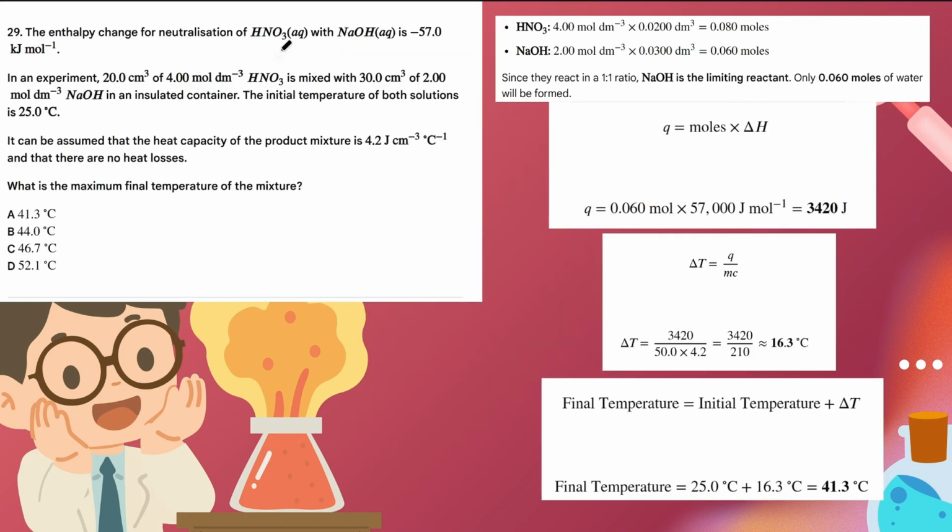Okay, next question. The enthalpy change for neutralization. Yep, this one. By the way, to find the temperature, if there is this kind of number, we know it's going to lead us to enthalpy or Q equals mc delta T. Okay, so before we actually find the delta T, we already know the mass or the volume, which is the mass actually here, 30 plus 20.